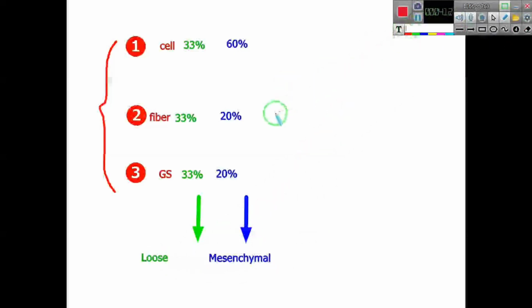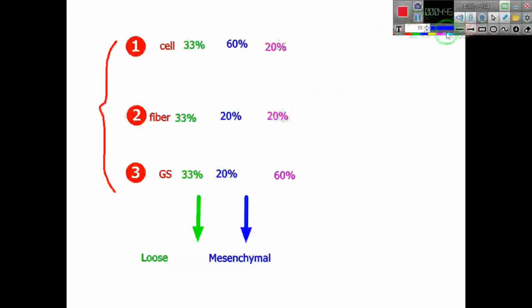Another possibility, we have a high amount of ground substance. This time, 60% for ground substance and equal for the others, 20% for cell.